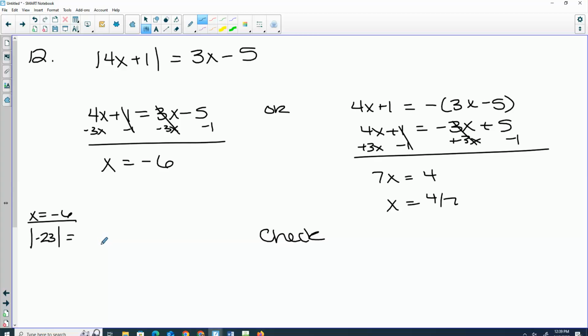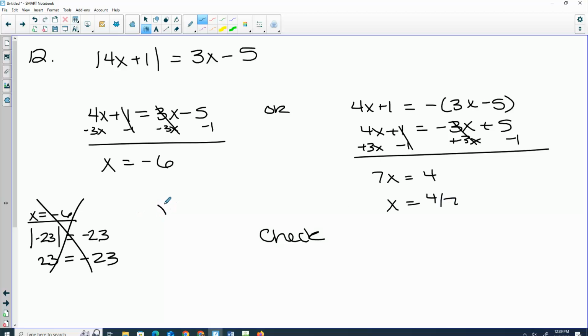Did I copy that down right? Alright. I think I have a mistake on my key, don't I? Is that accurate? Does the absolute value of negative 23 equal 23? No. That says 23 equals negative 23. So that one doesn't work.